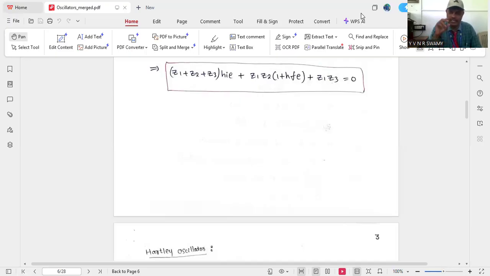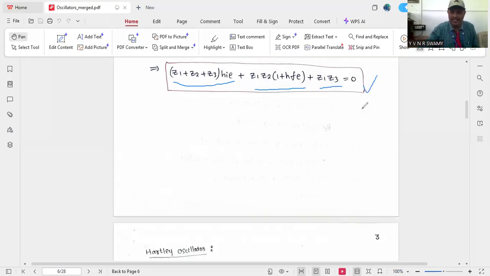To derive that frequency, we have to remember the general equation of LC oscillator. The general equation of LC oscillator is (Z1 + Z2 + Z3) HIE + Z1 Z2 (1 + HFE) + Z1 Z3 = 0.